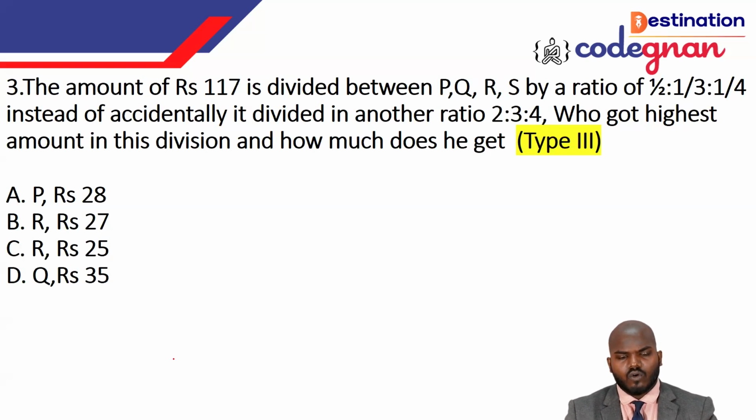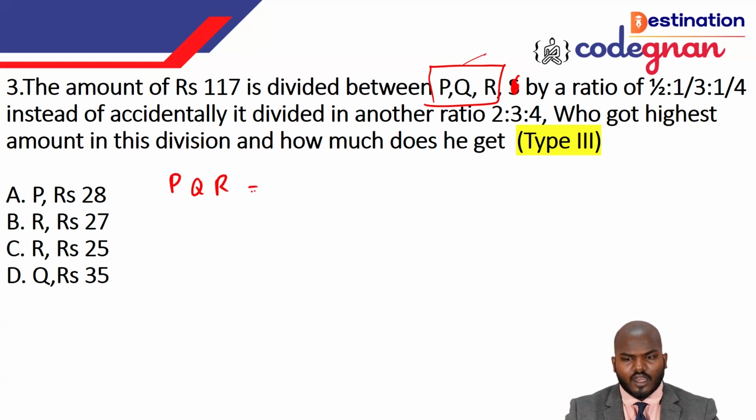Now who got the highest amount in the division and how much does he get? That is the question. There is no S included, guys, I'm sorry. P, Q and R are the only three members, with the ratio of 1 by 2, 1 by 3 and 1 by 4. So this is a fraction.